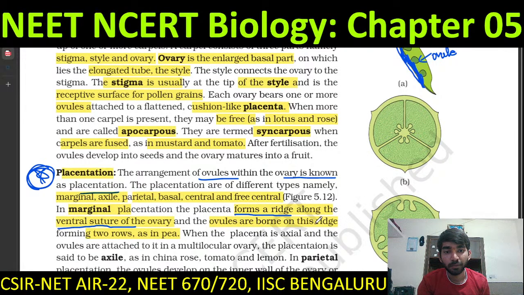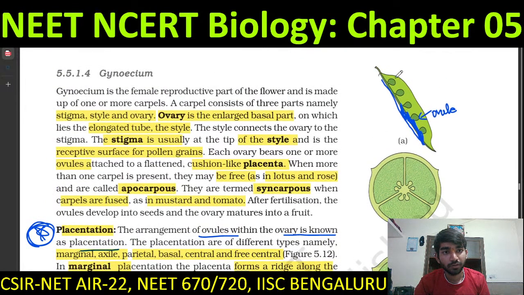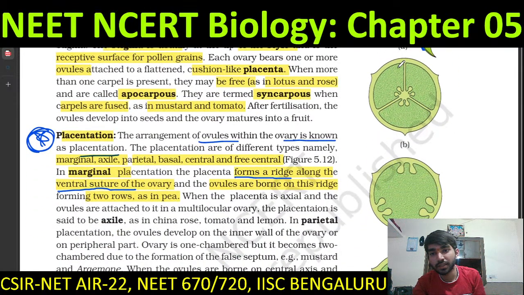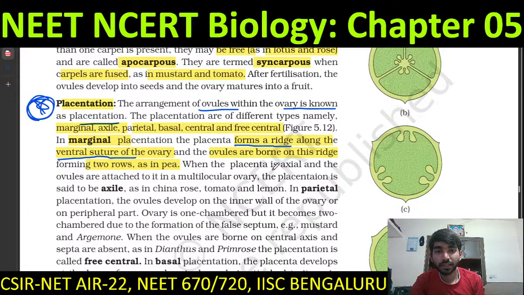If you open a pea, which you can see in the markets now, you will see there are two rows alternately, and these are the ovules. That is why it is called marginal placentation, because it is on the margin of that ridge that the ovules are placed.